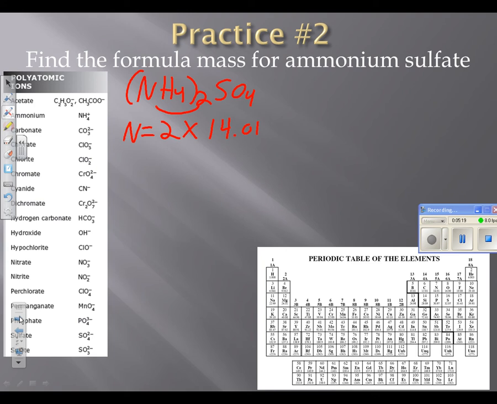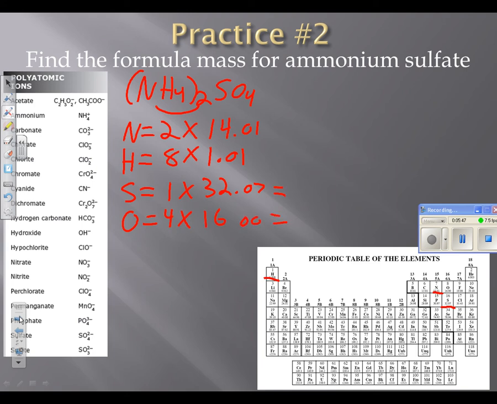It's going to be right here. Next element is hydrogen. 4 times 2 is going to be 8. Hydrogen's right here, so it's times 1.01. Next element is sulfur, of which we have 1. Sulfur is right here. That was 32.07. Then we have oxygen, 4 times 16.00.